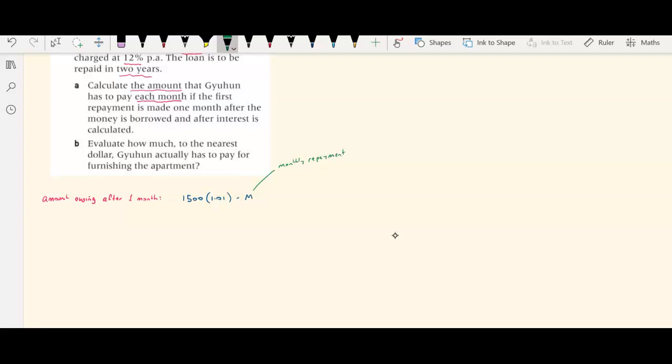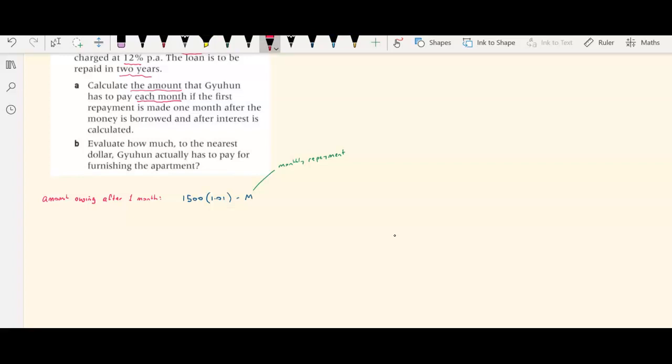We don't know what that is, but we do know that he owes 1,500 and that each month he pays interest on that. So you can imagine the bank charging this 1% interest, and then at the end of the month, M's taken out, whatever M is. That's the amount owing after 1 month.